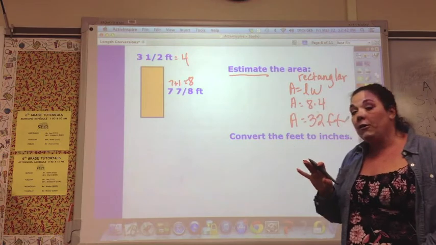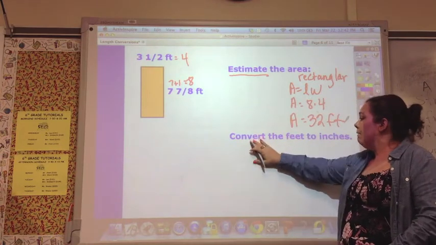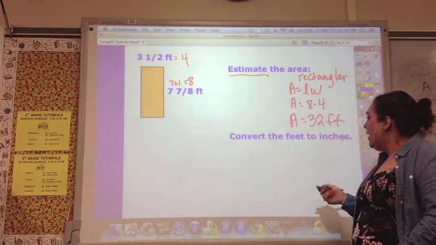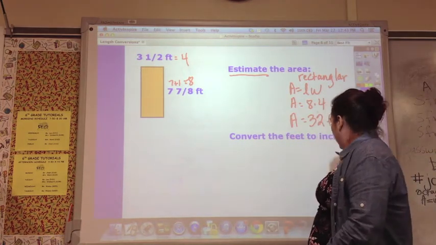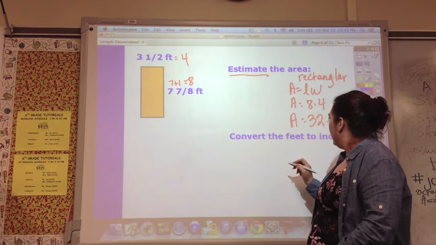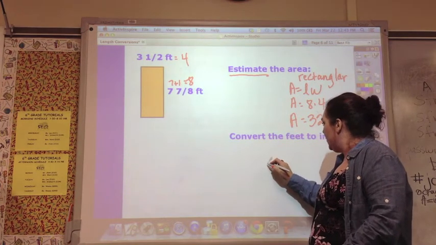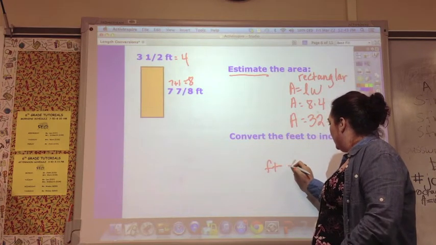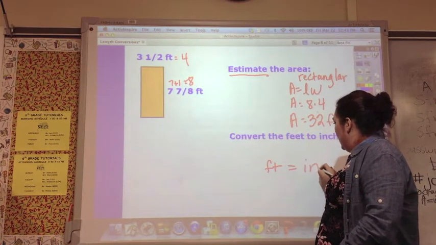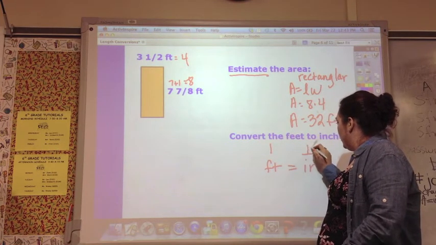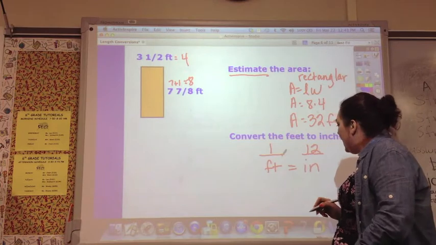Now the next part of the question asks, convert the feet to inches. So I have to look at my chart for conversions, and I don't have it on this page, so I'll just tell you. We're in feet, so feet to inches, and 1 foot has 12 inches. We know that.